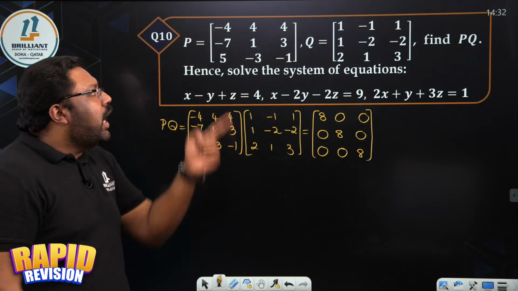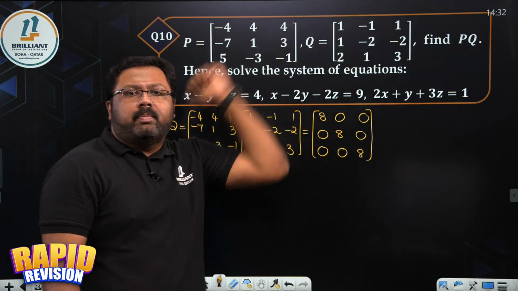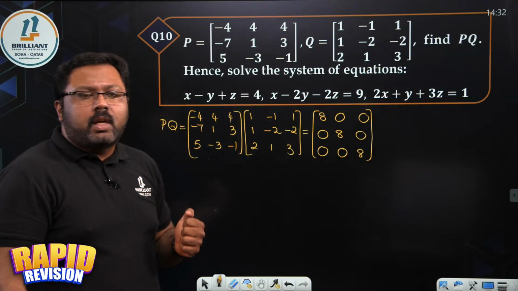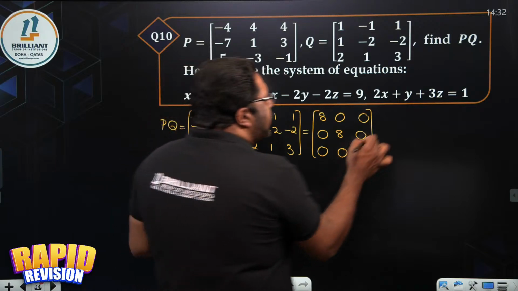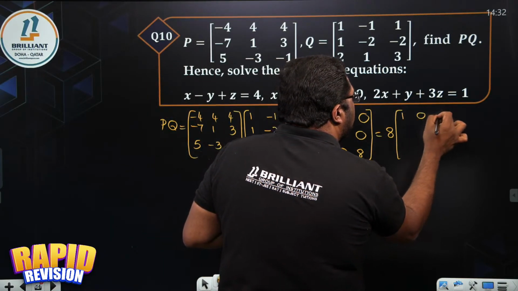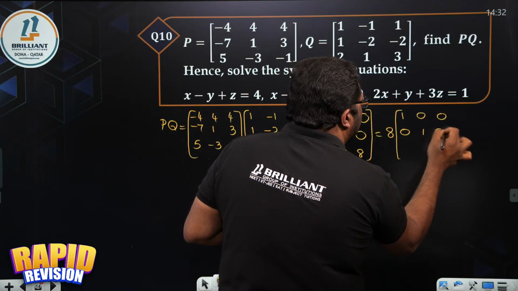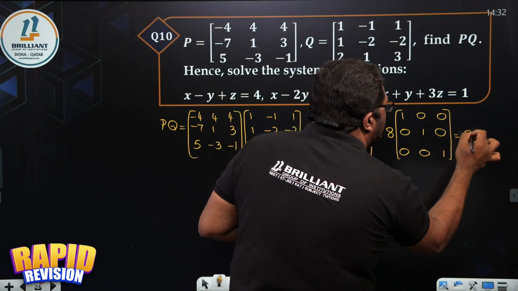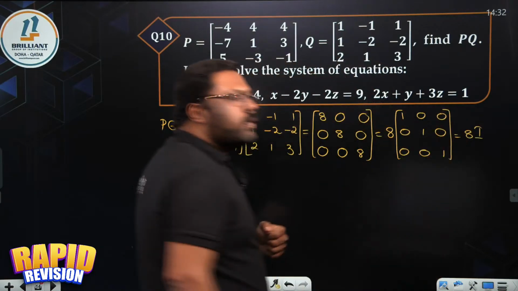So whenever they ask you to find the product of two matrices and hence solve the system of equations, the product will always result in something like this. And we all know that this is the identity matrix.